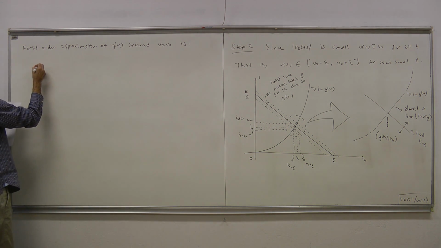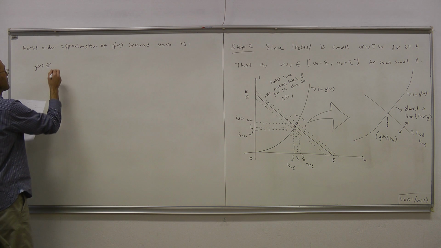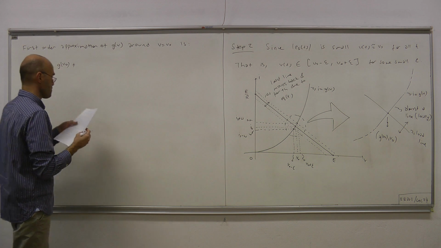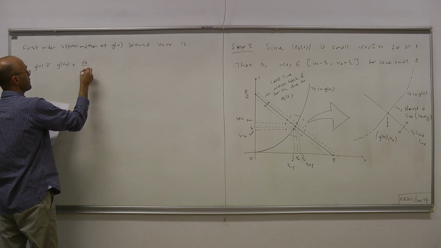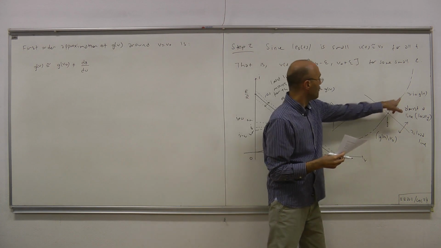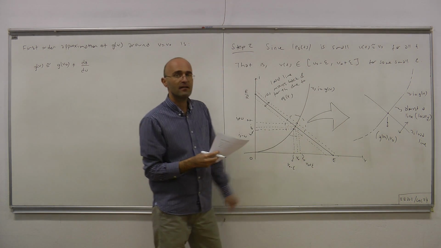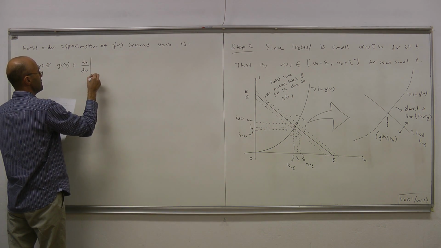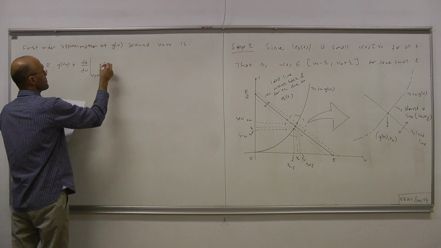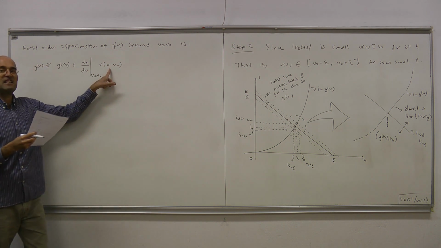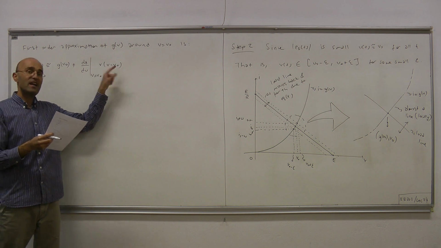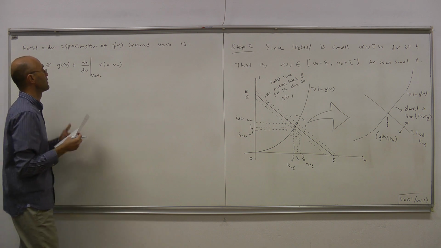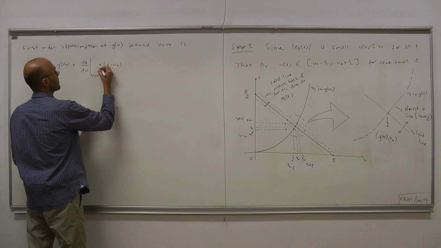G of V approximately equals G of V0 plus the slope of this curve at the DC operating point, V0, that is, dG over dV evaluated at V equals V0, times the deviation from the point at which we're performing the approximation, which is V minus V0.